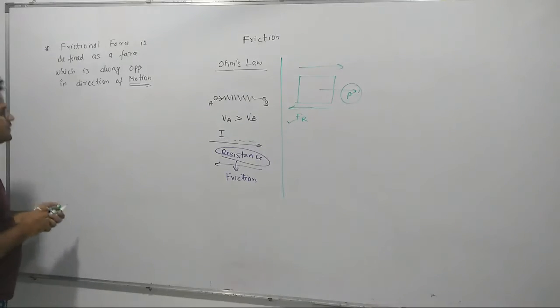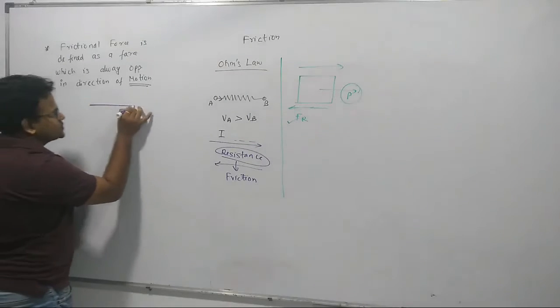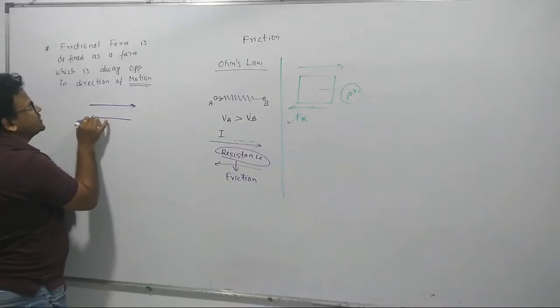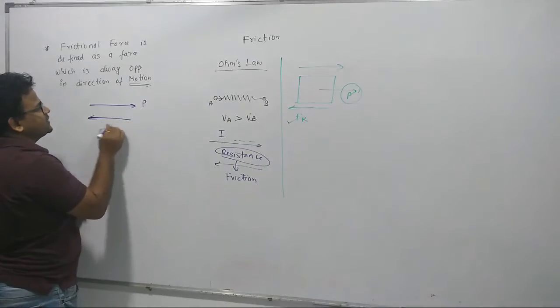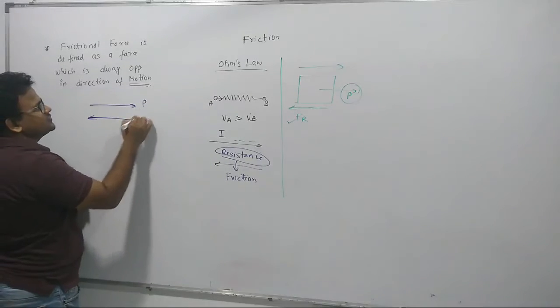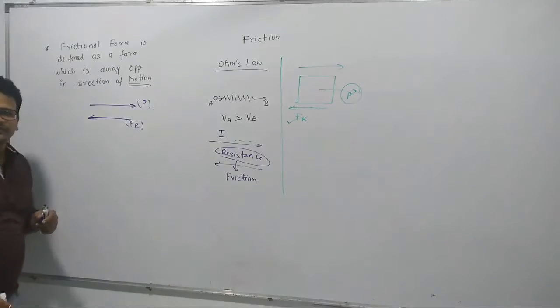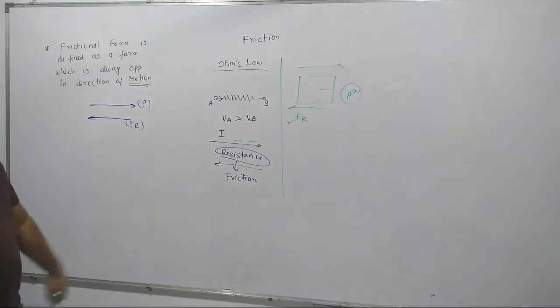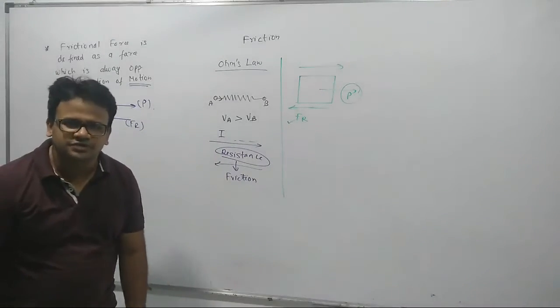So if the direction of motion is towards right, then the frictional force will be towards left. So this is the frictional force, this is the applied force. Now we have seen the definition of frictional force.